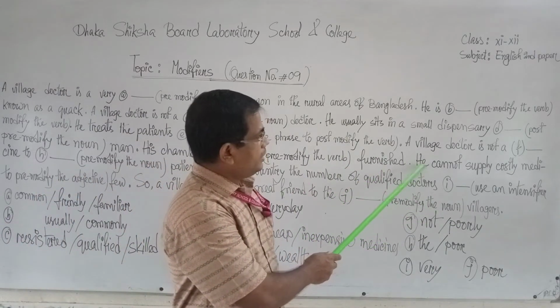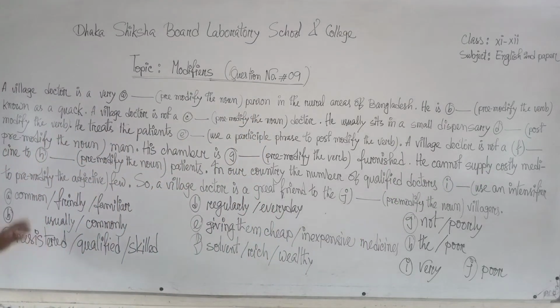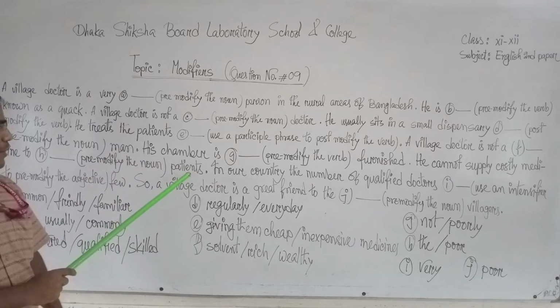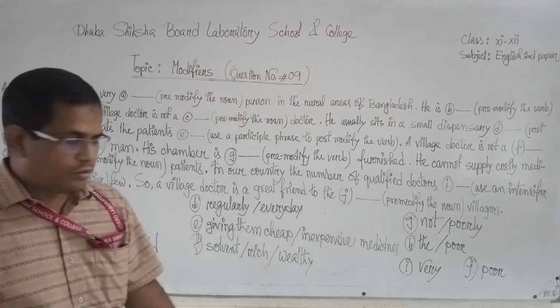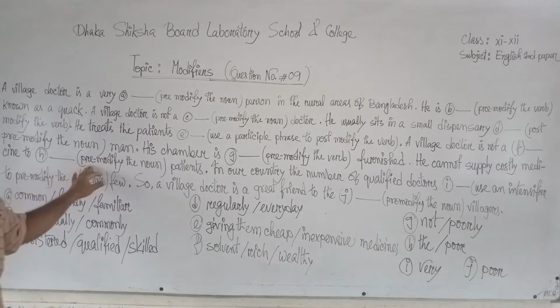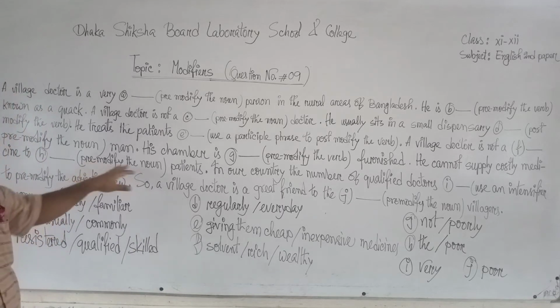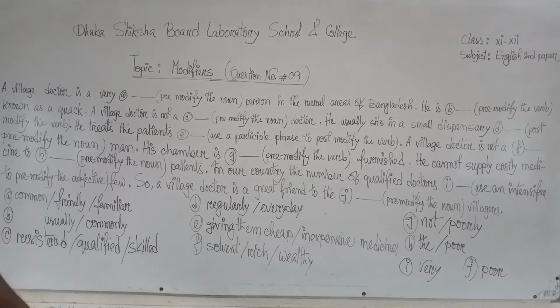Next sentence: he cannot supply costly medicines to dash patients. We modify the noun. The noun is here, patients. Now, in this option, the instruction would be to use a possessive instead of this instruction. The answer is the same.